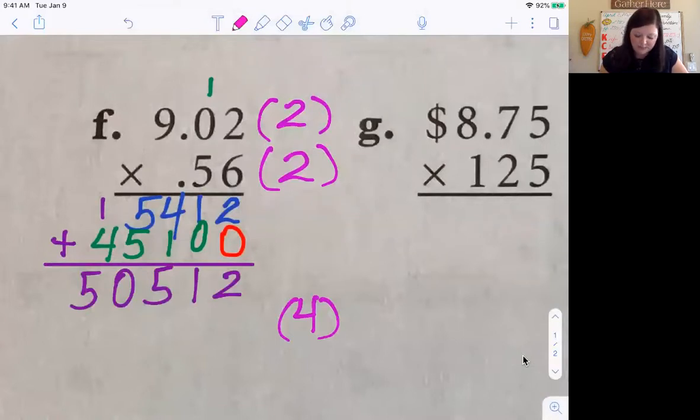Let's go over 4 digits. 1, 2, 3, 4. The decimal goes between the 5 and the 0. The 5 that's closest and farthest to the left. We do not need to add a comma here because those numbers are in the decimals place. Circle our answer and we're good to go.